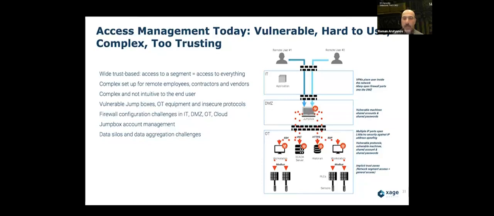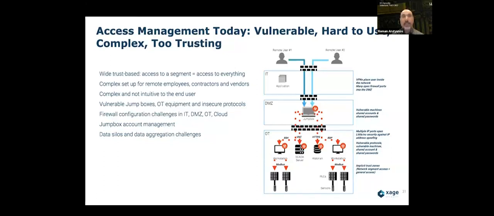We use tools like jump boxes that are Windows machines that are vulnerable themselves. In some cases, we've seen thousands of stale accounts on these jump boxes. They're hard to manage. Then there are firewalls and DMZs, actually layers of firewalls with millions of static, overlapping rules, and in some cases a rule that says allow all.